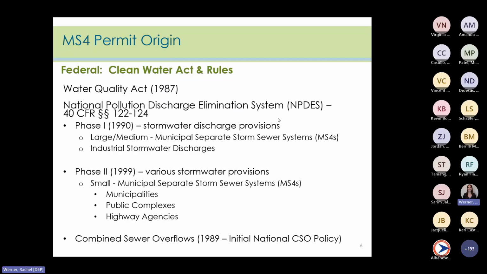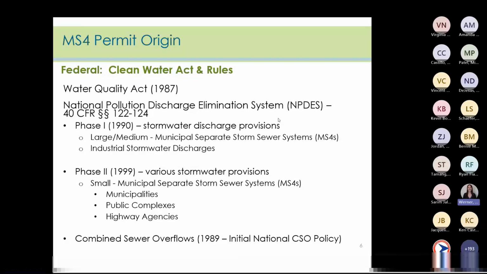And in 1990, the EPA published initial permit application requirements for certain categories of stormwater discharges, which was called Phase 1. Nearly a decade later, Phase 2 provisions were published that initiated stormwater management requirements for municipalities, public complexes such as large public colleges, prisons, hospital complexes, and military bases, and highway agencies.